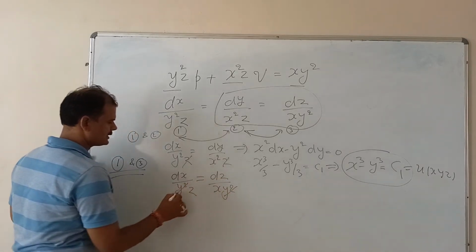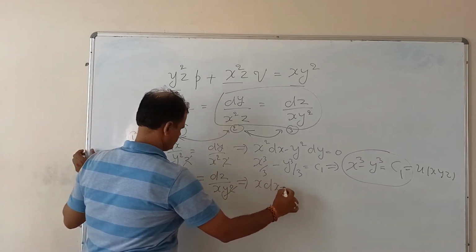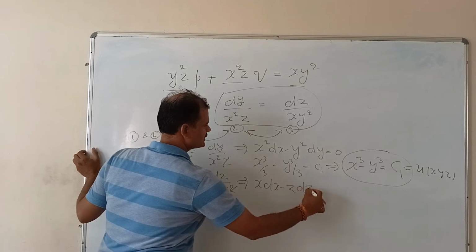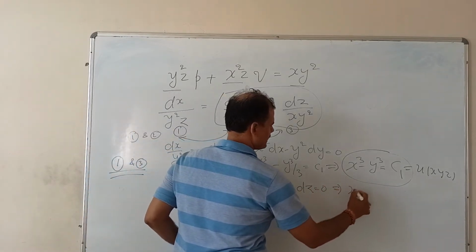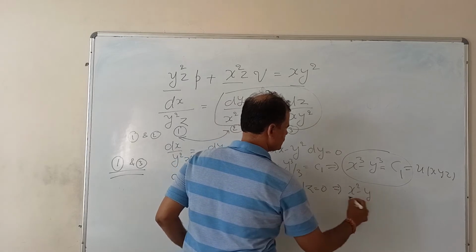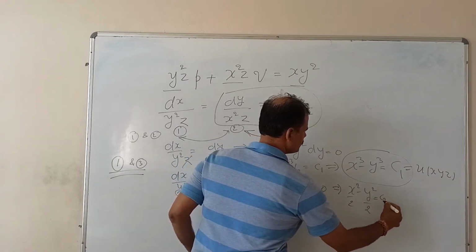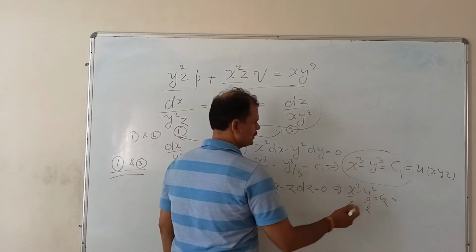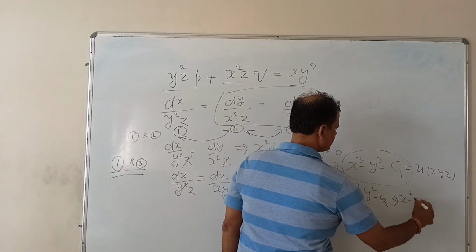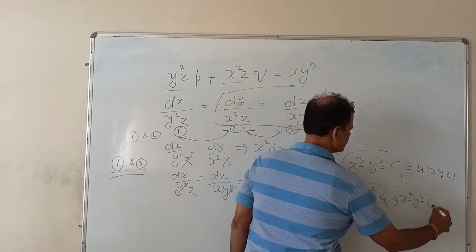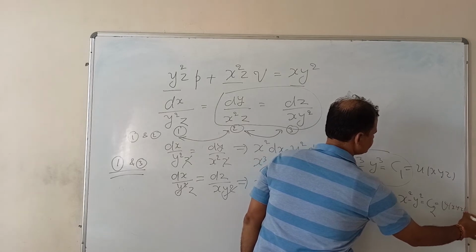Y square cancels, so this gives x dx minus z dz equal to 0, which implies x square by 2 minus z square by 2 equal to c2, and if you multiply by 2 we get a new constant, so x square minus z square equal to some new c2, and this is your v of x, y, z.